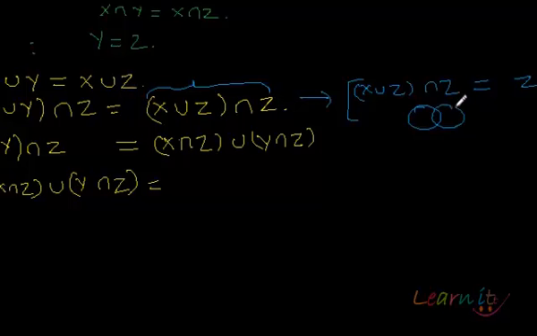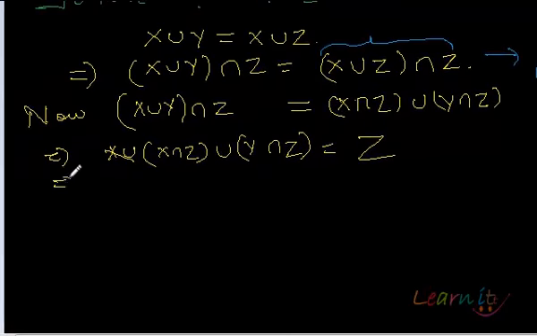Just see, if this is Y, this is X, this is Z. Okay, so the union is complete this portion, right? Both Z and Y involved in it. Now when you take intersection of this with Z, the only thing that would remain is Z itself. So that's why this actually equals Z itself. So here you have Z.